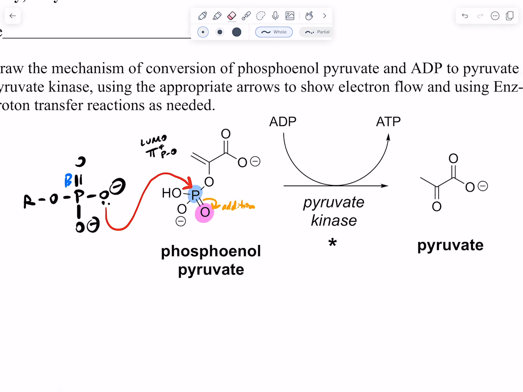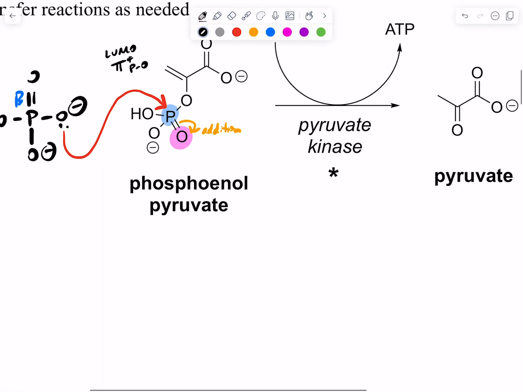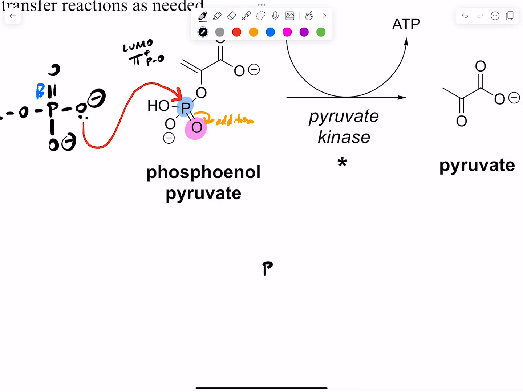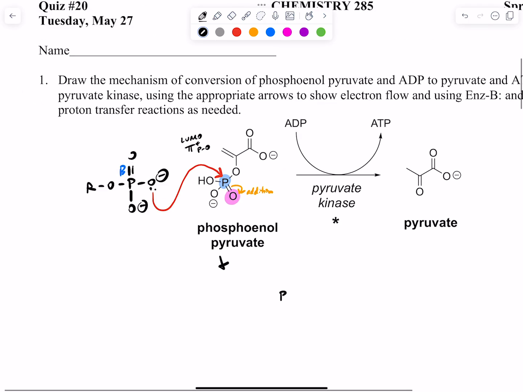Okay, so then what's the correct intermediate? What's going to be bonded to phosphorus? Okay, I'm going to have 5 different, I've gotten ahead of myself, didn't I? A little bit.